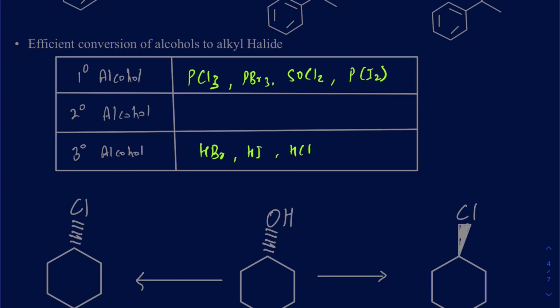And as far as the secondary goes, you can do either one of those. You can go with PCl3, PBr3, or even something like HBr or HI. The only issue when you're using secondary alcohols is that it really depends on what type of stereochemistry you're looking for at the end of the day, whether inversion or retention. So based on that, you can pick your reagent.